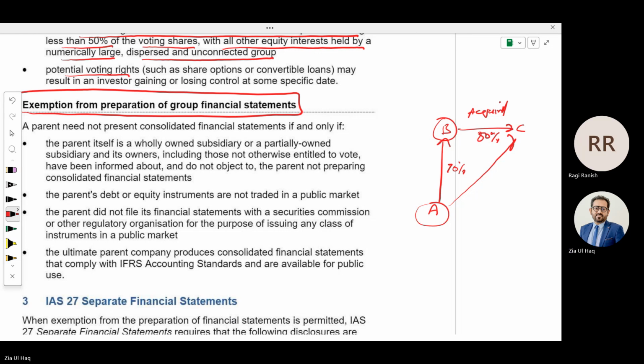This means A has one subsidiary B and one sub-subsidiary C.